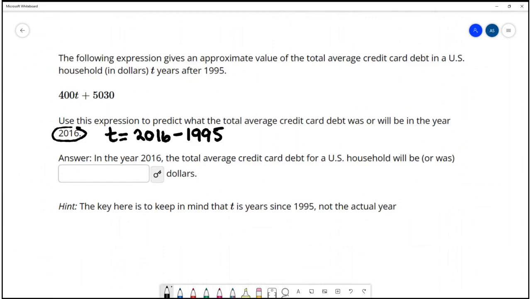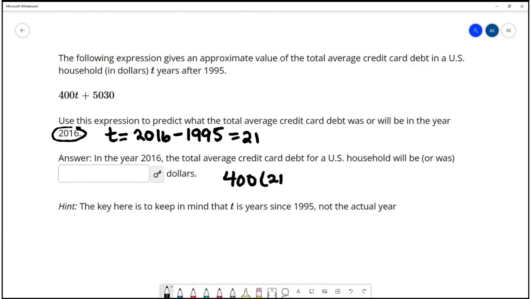Just grabbing my calculator here, 2016 minus 1995. That's 21 years. And that means we're using T as 21.